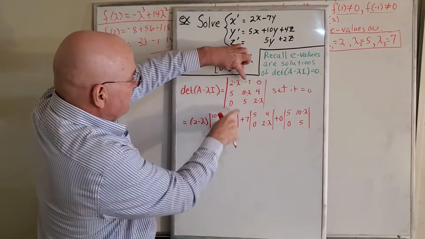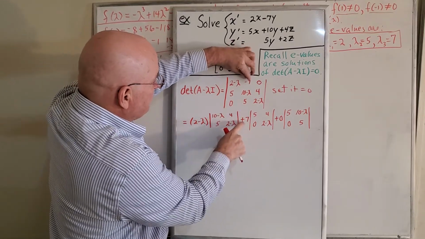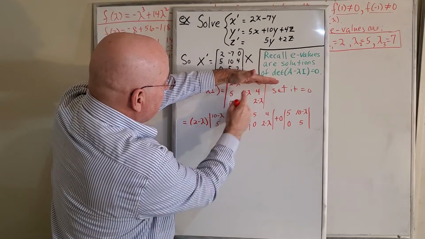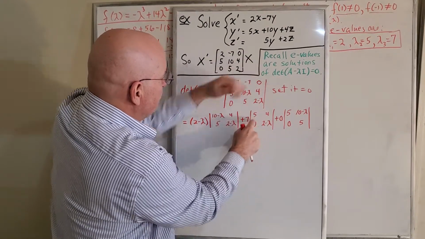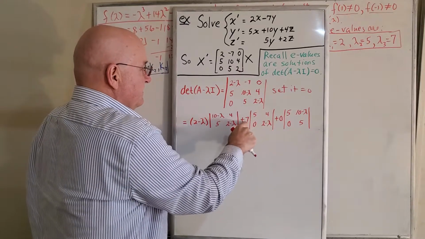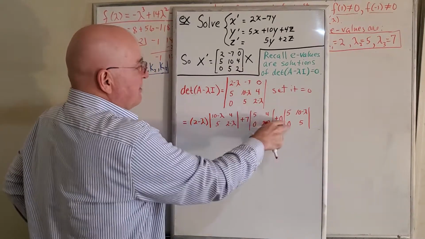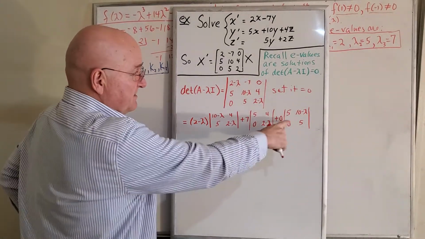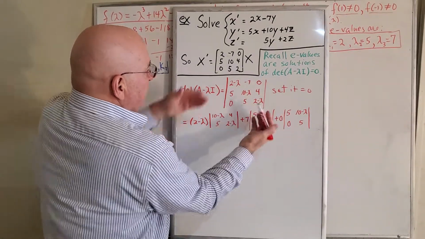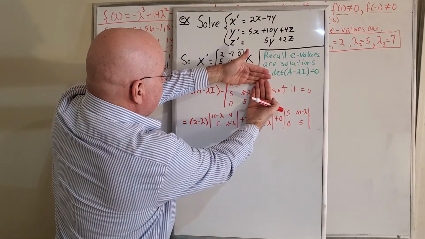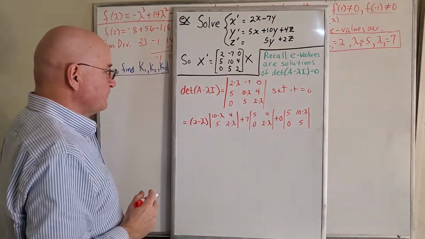The second term, negative 7, which became a positive 7: remove the top row, middle column, and we're left with 5, 4, 0, 2 minus lambda. This term's cofactor is this determinant. Then 0, I went ahead and wrote it out, even though we're going to get a 0 here. The cofactor associated with that term is the determinant of that 2 by 2.